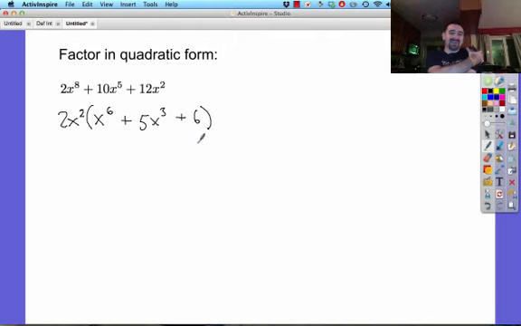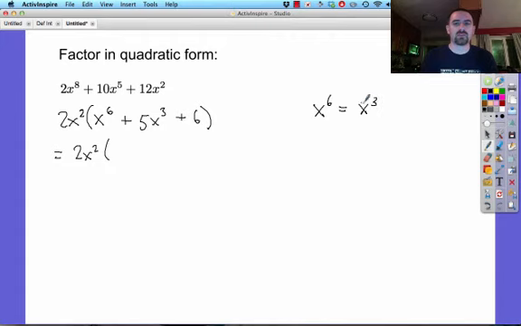Now again, this does not look like a quadratic. But it should look kind of weird, right? Kind of interesting, like something maybe you've seen before. Well, here's what's kind of interesting about this. X to the 6th is x cubed squared. Can you see that?